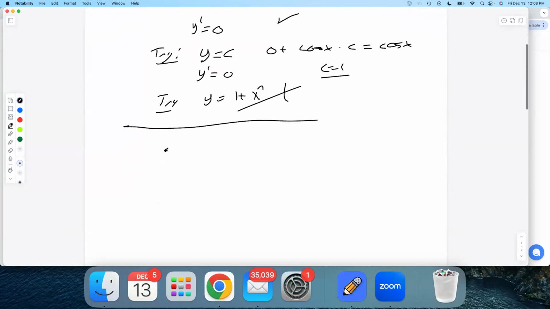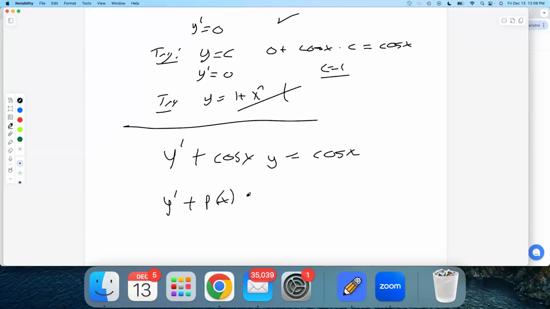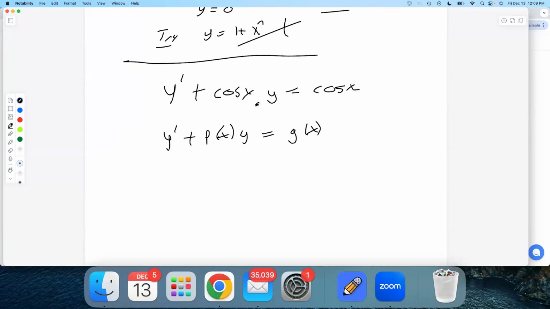So let me rewrite him here so we have him in front of us. All right, so we are thinking of this in the form y prime plus some p of x times y equals some g of x. Sometimes I call this guy over here q instead of g. Who cares?